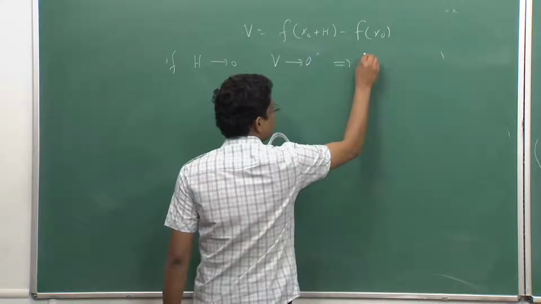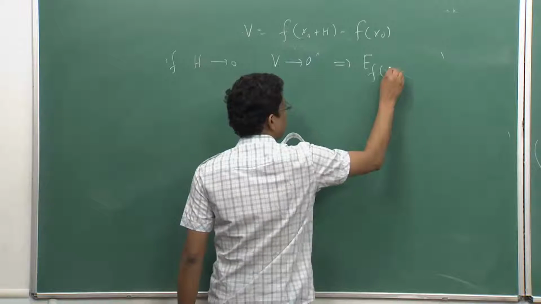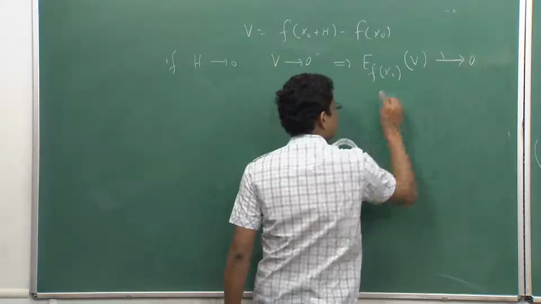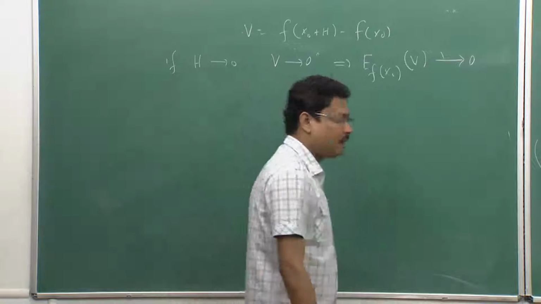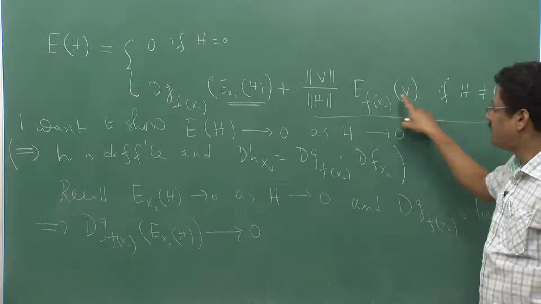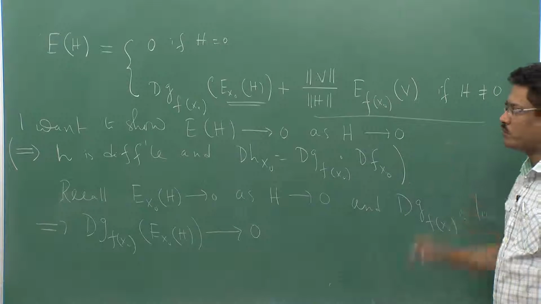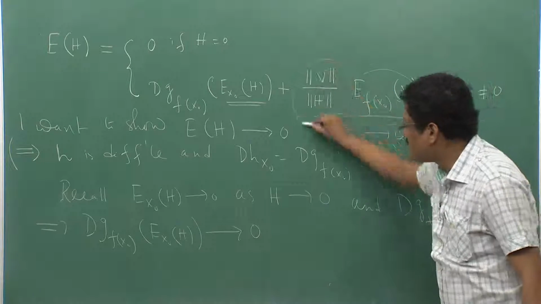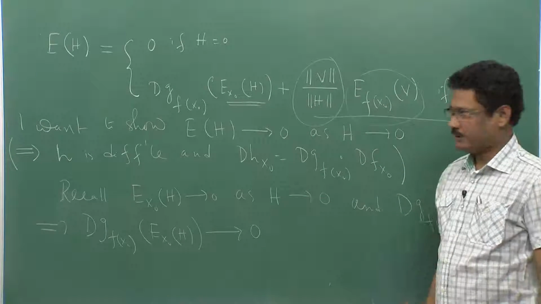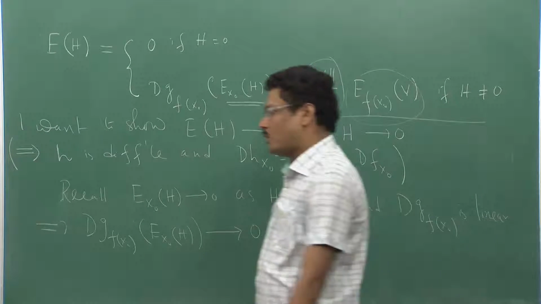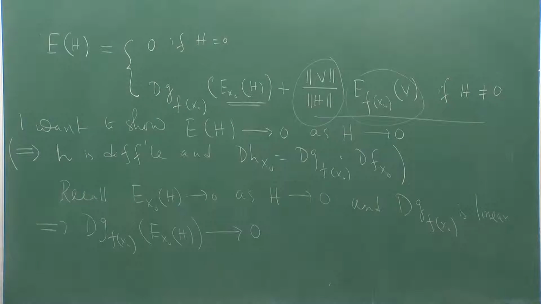This implies E f x naught at V goes to 0 because g is differentiable at f x naught; this comes from the error part of g. So this part goes to 0, no problem, but what about this part? This something is multiplied, V goes to 0, h goes to 0. Well, here it is.